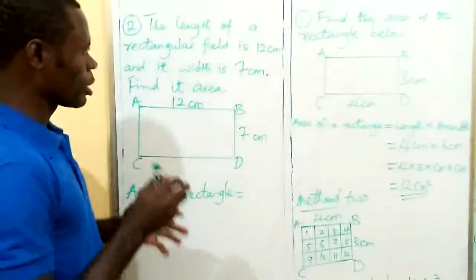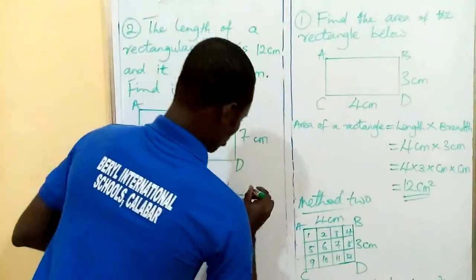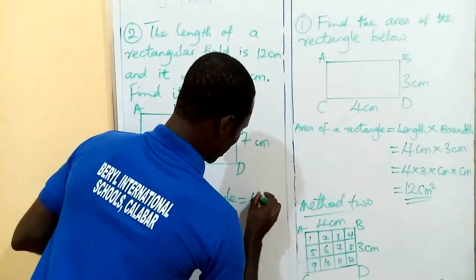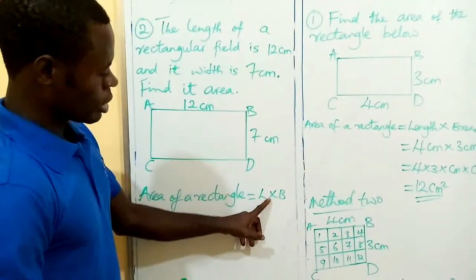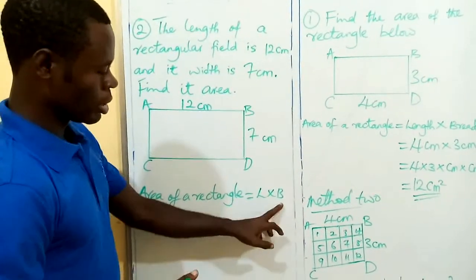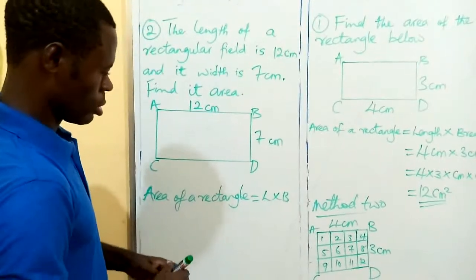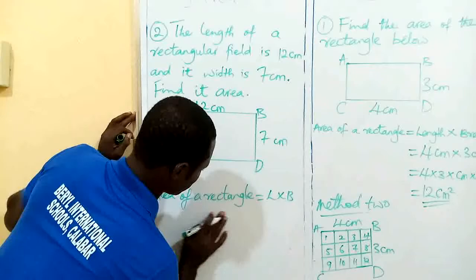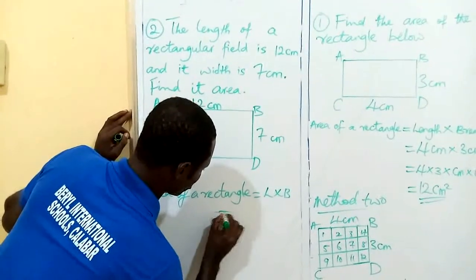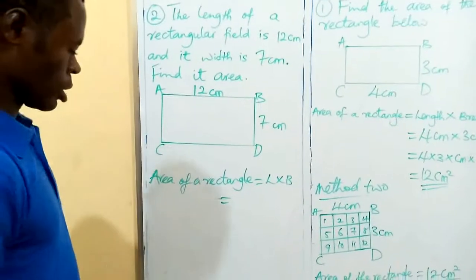Length times breadth. But we are going to use L times B, where L stands for length and B stands for breadth. We use that to reduce the writing, and to make our work neat and well arranged.